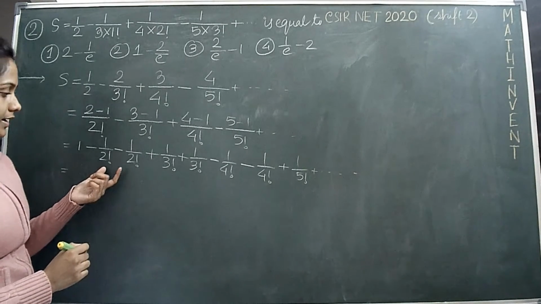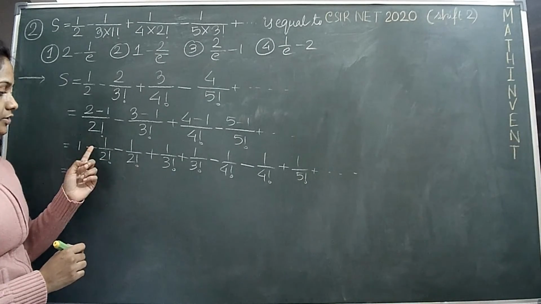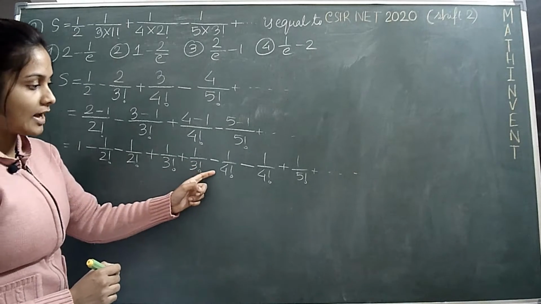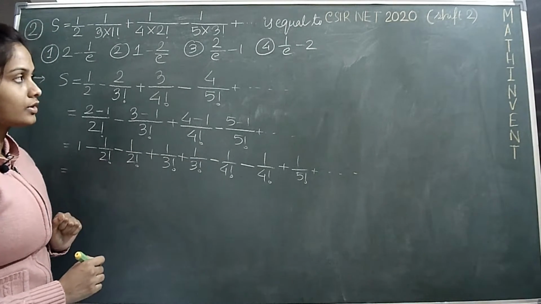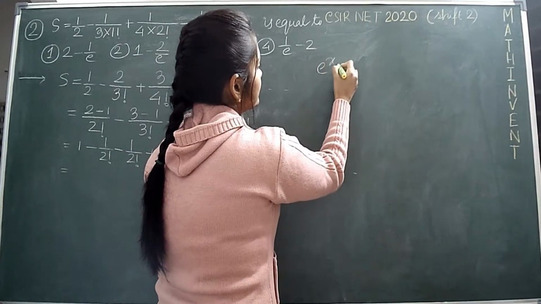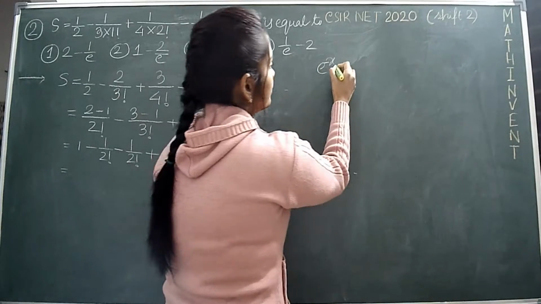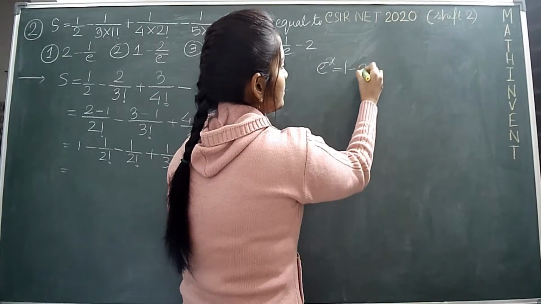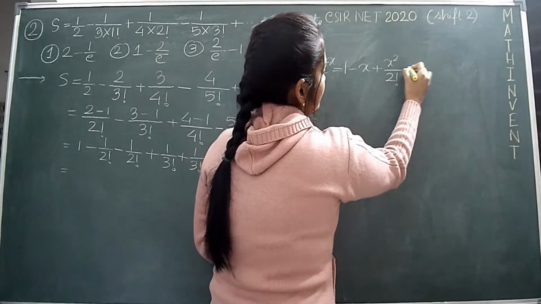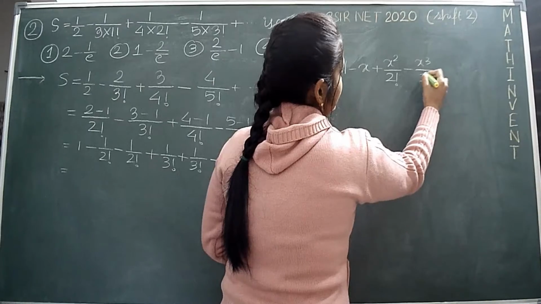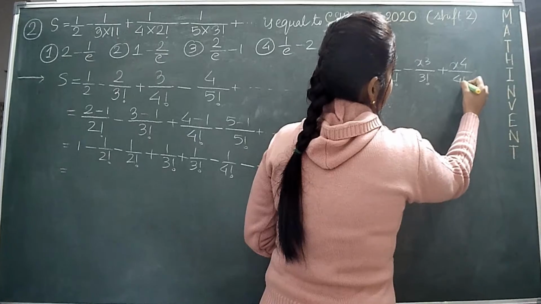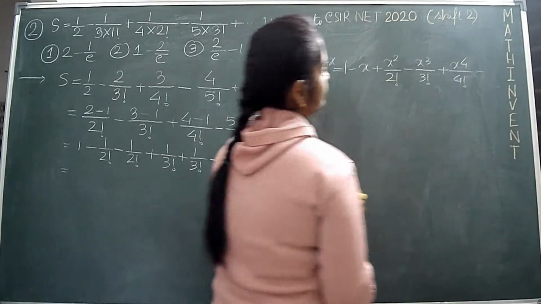Now here we are getting minus 2 by 2 factorial plus 2 by 3 factorial minus 2 by 4 factorial. So let us take a look at the series e power minus x. What is it? It is 1 minus x plus x square by 2 factorial minus x cube by 3 factorial plus x power 4 by 4 factorial and so on.